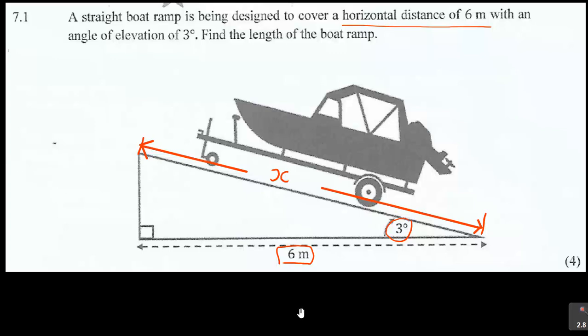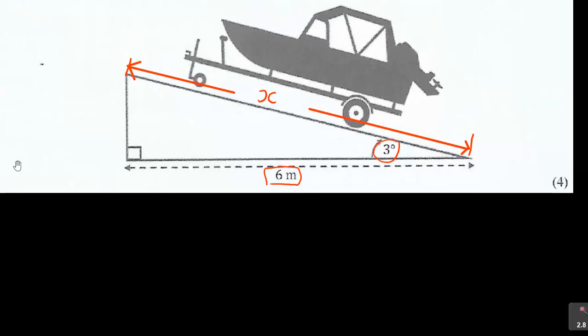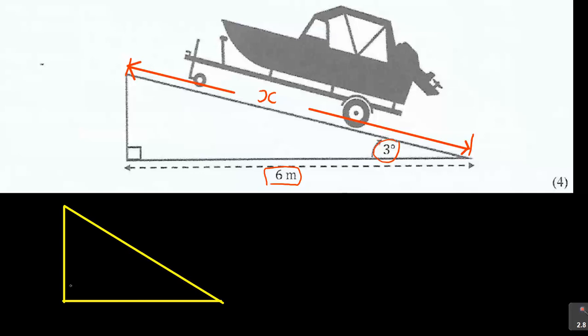But the good thing is, look at this diagram. I can come up with a triangle like this. So this is the triangle I'm having: 90 degrees, 6 meters, 3 degrees, and in this I can mark my triangle to say this is my adjacent side, this is my hypotenuse side, this is my opposite side.